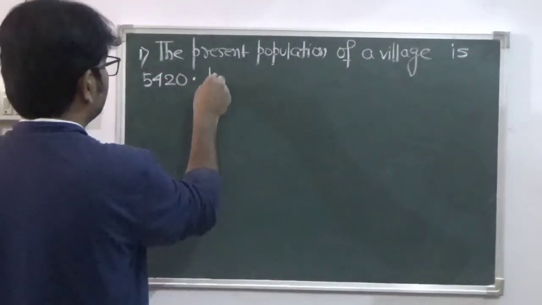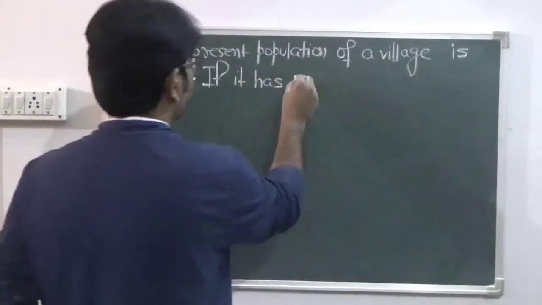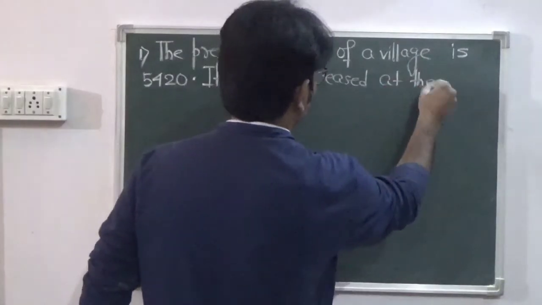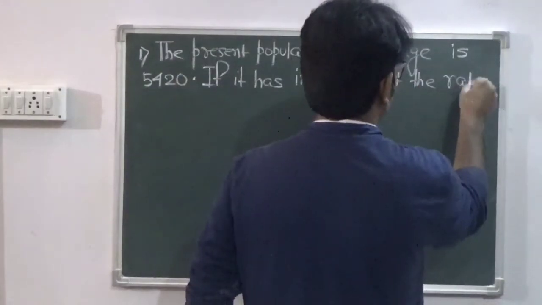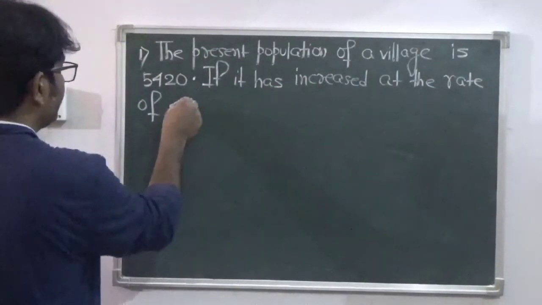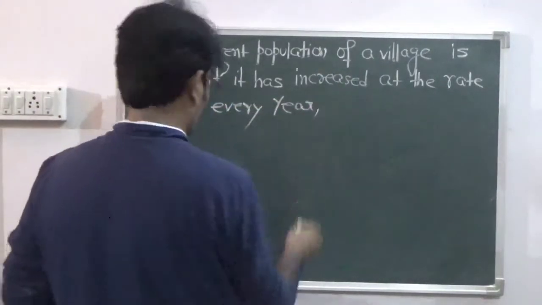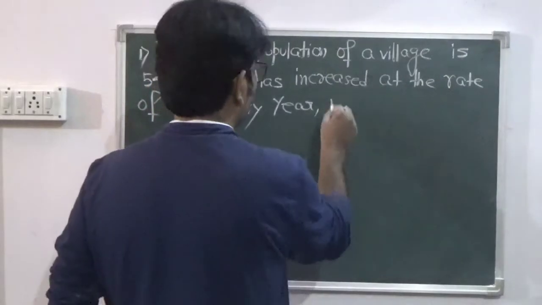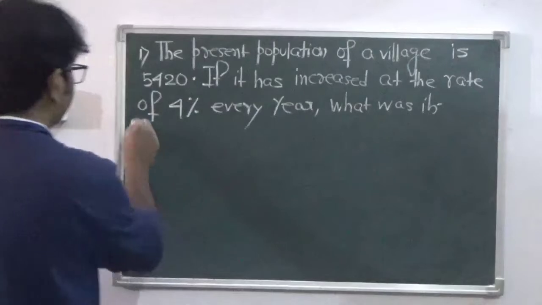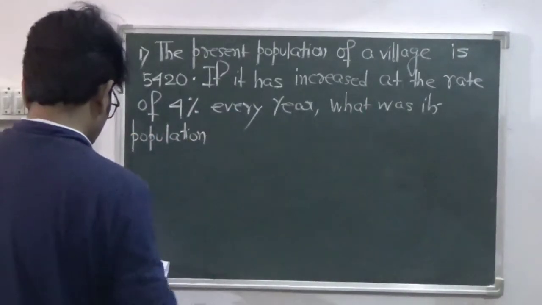If it has increased at the rate of 4% every year, what was its population 2 years ago?